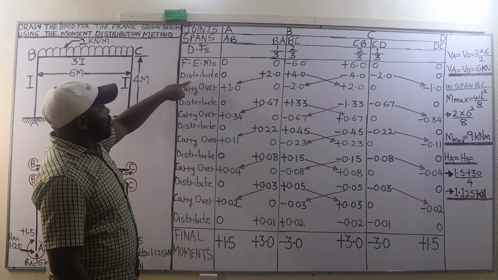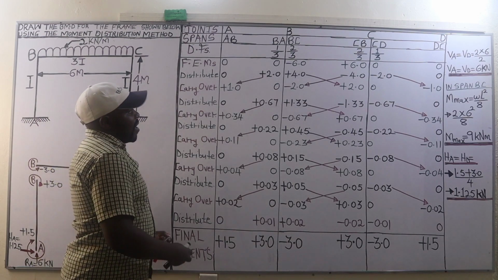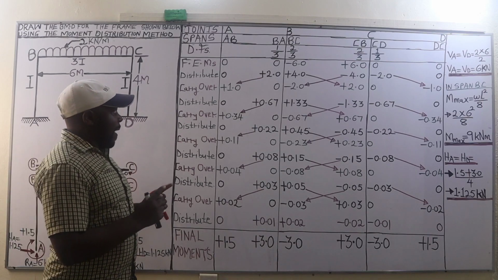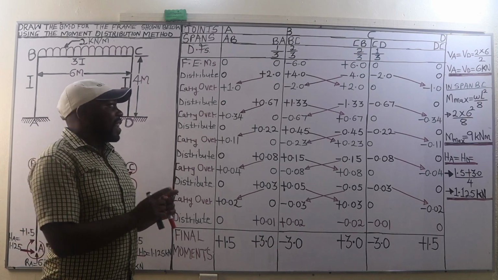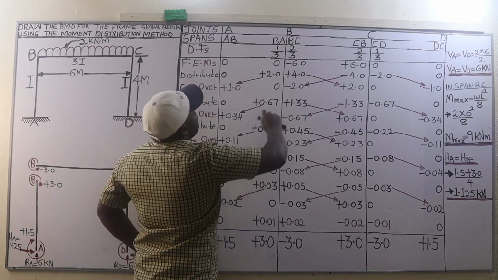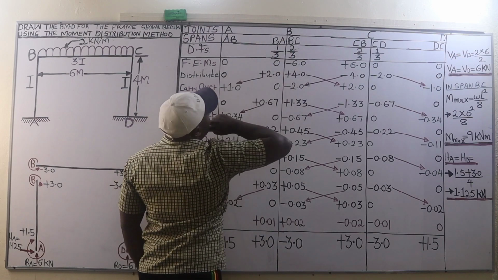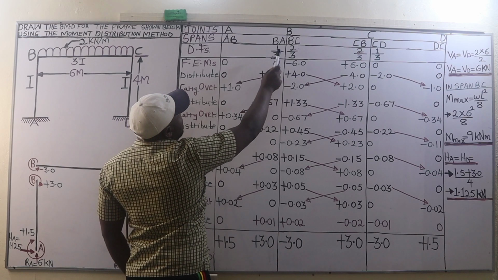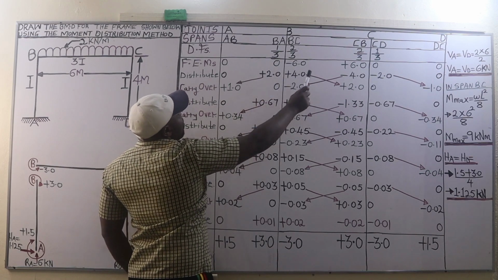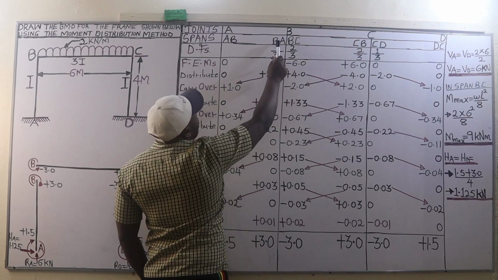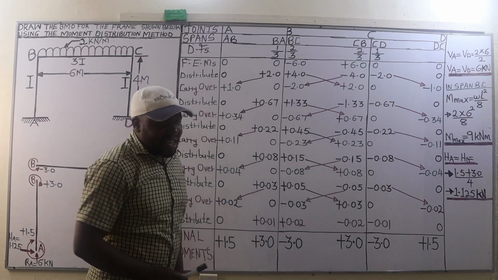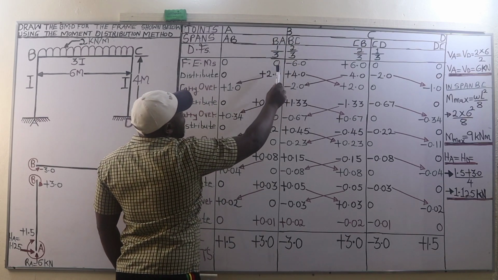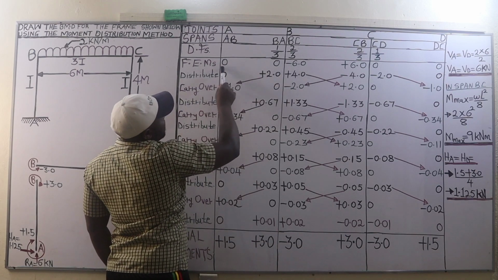Then we go to distribution. So remember what we said about distribution. When we are distributing, we determine the excess moment that we have on a joint. For example, on joint B, on member BA we got 0 as the fixed end moment.